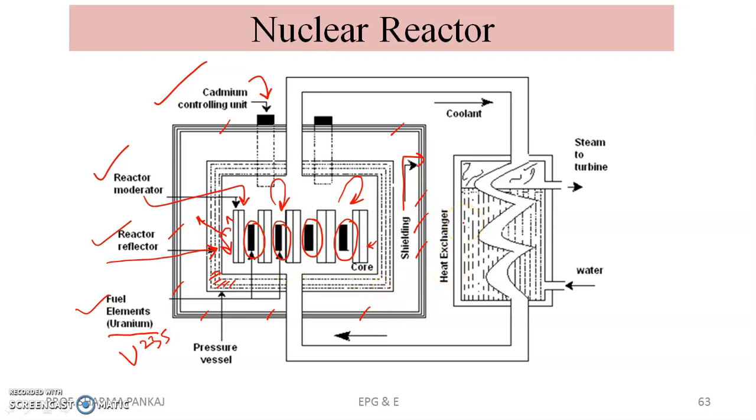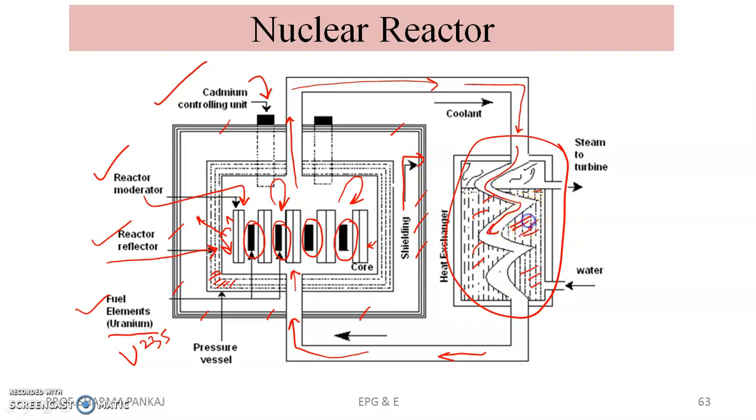Now, this is your heat exchanger system. The system is exchanging heat. Where is the heat? Here it is. So water is being sent, fresh water. Coolant is being sent. Water is also used as a coolant. We have seen water or heavy water is sent through this channel, picking up the heat, and crossing this channel.